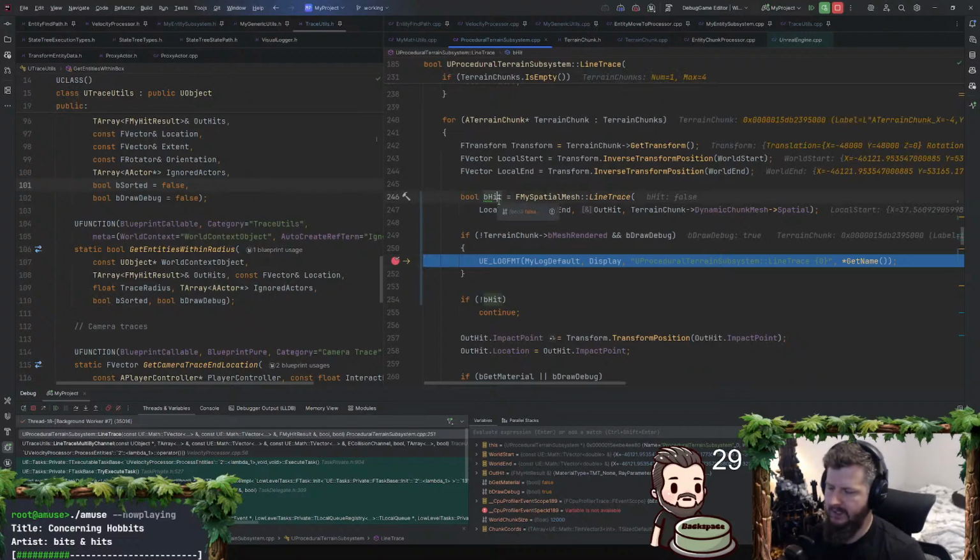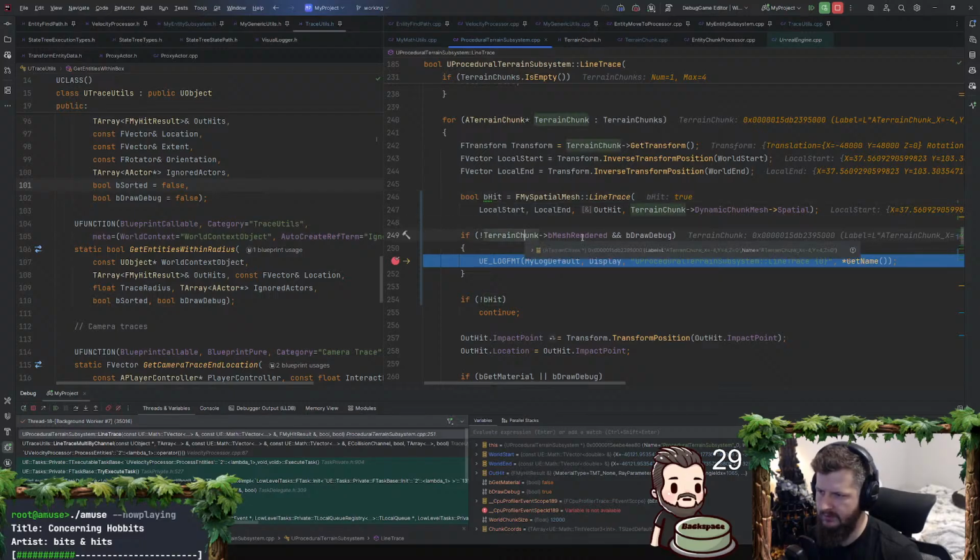Okay. Hit, false, hit, true. Okay, so we have several unrendered chunks that are getting hits through them.